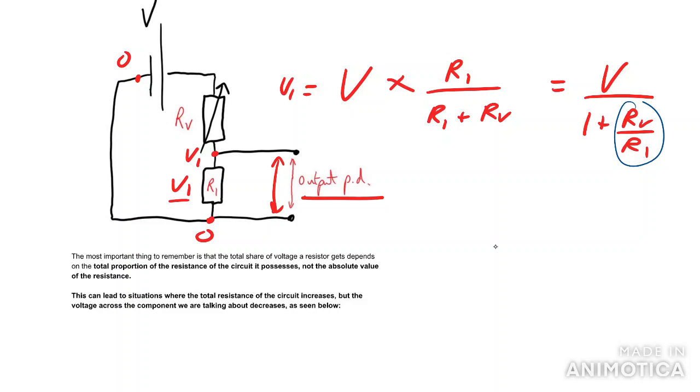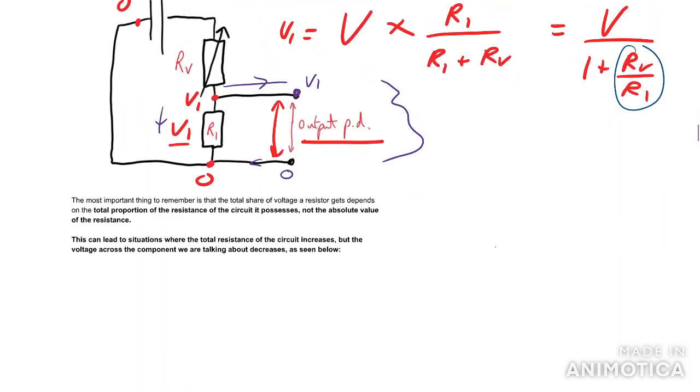Therefore, any electron at that point can either choose to go down through here and spend V1, or it could go along here, do its thing and come back. And we know when it comes back, it has 0 units of energy. When it started off, it had V1 units of energy, and hence this whole sub-circuit must have a voltage of V1, which is why we can say the output PD is V1.